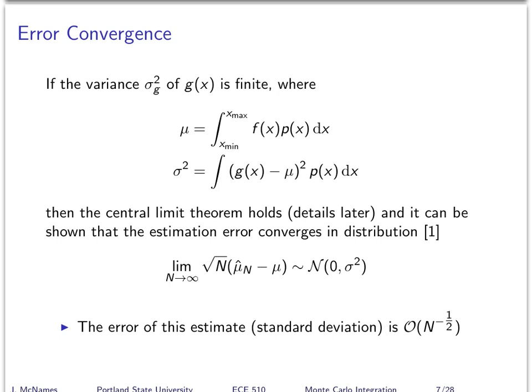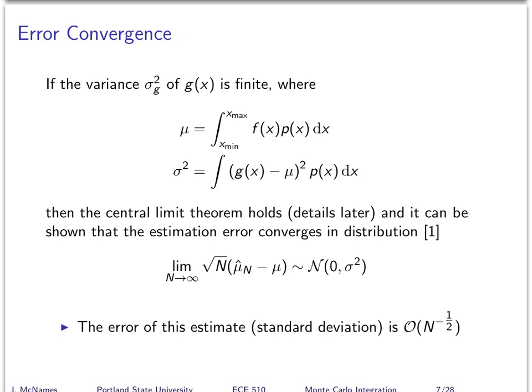The variance is how far g of x is from mu, the value of this integral on average. Now I need to go back and check my notes, because I'm not certain that's g of x and not f of x. But it doesn't matter, because this is some constant that is a property of the function that we're integrating.